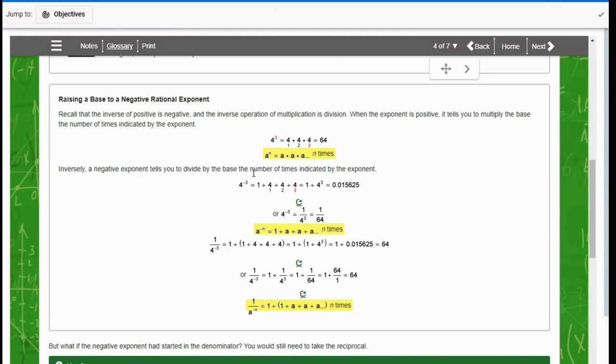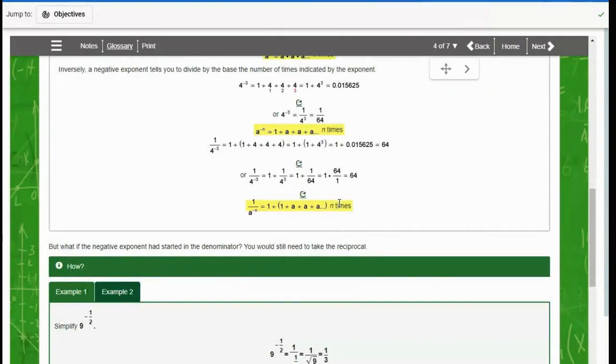That's how we end up with a negative number. 4 to the negative third, instead of multiplying by 4 three times, means you're supposed to divide by 4 each time: 1 divided by 4, divided by 4, divided by 4. So that's where you get the 1 divided by 4 to the third. As a fraction, the 1 would be on top, 1 divided by 4 to the third. That's how you get that number. So that's why that works.